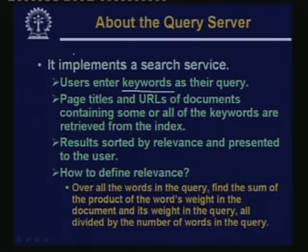So, what the query server will do in the second step is retrieve information that is stored in the database in the form of the full text index values, page titles and the URLs of the documents containing some or all of the keywords. Now, after retrieving this information, results are sorted by relevance.